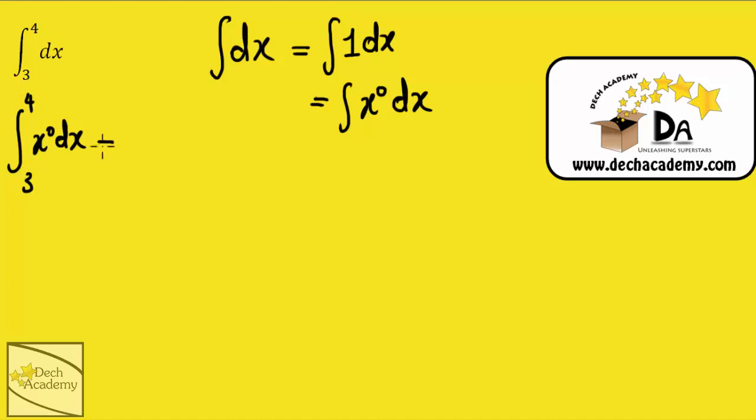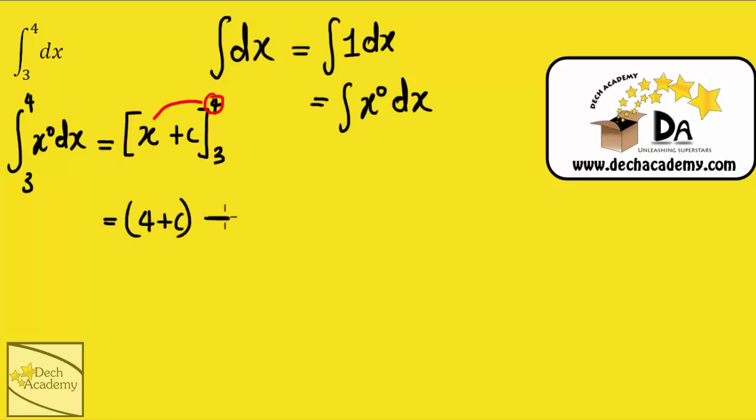So naturally what you do is you find the indefinite integral at first. In this case, that's x to the 0 plus 1, which is x to the 1 divided by 1 plus an arbitrary constant, and then use these square brackets, place the upper limit here, the lower limit here, substitute the upper limit, so replace x with 4, and that gives 4 plus c, put a minus sign, don't forget this minus sign, and then replace x with 3, and that gives 3 plus c.